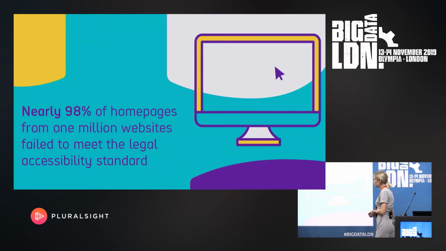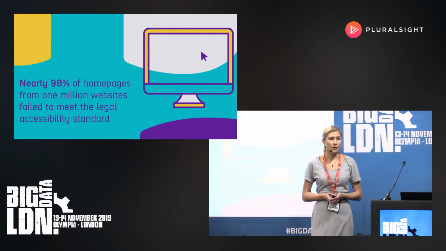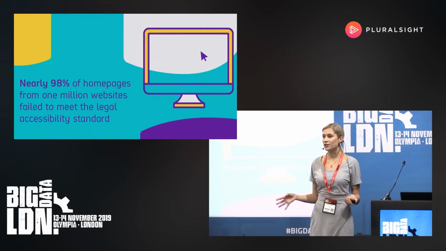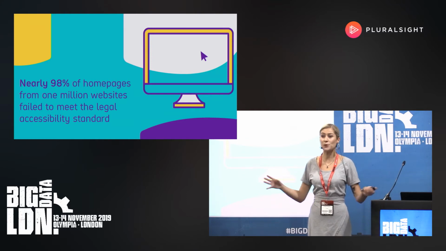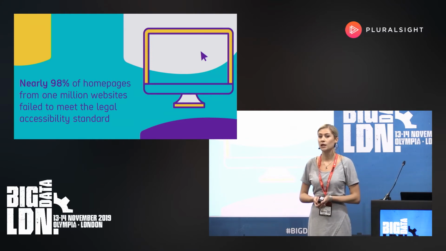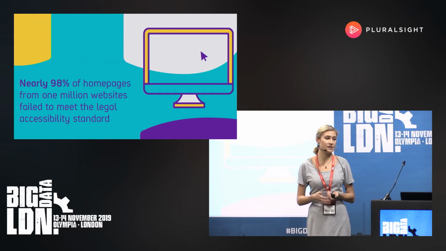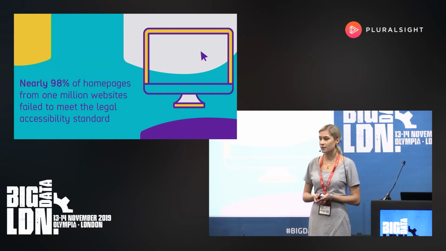So, in terms of people's experiences online, what we've found is whilst technology is incredible and life-changing for disabled people, more so than non-disabled people, there are huge barriers that they'll experience online when interacting with simple mainstream websites.